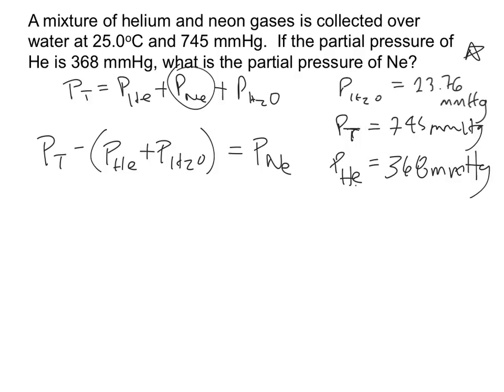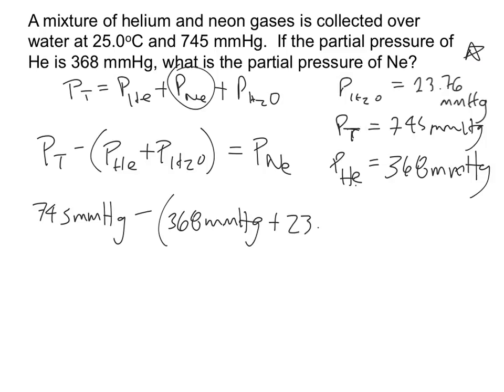Okay, so if we go ahead and we plug all these numbers in, so 745 millimeters of mercury minus 368 millimeters of mercury, okay, which is our pressure over helium, minus 23.76 millimeters of mercury. Okay, this will give us our pressure of neon.